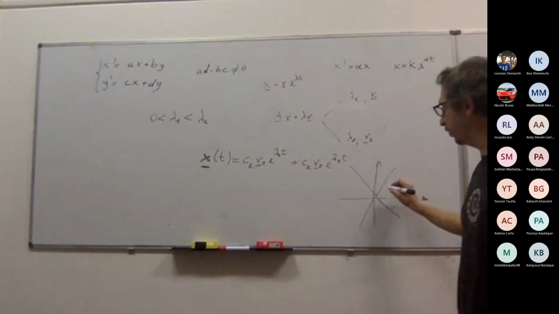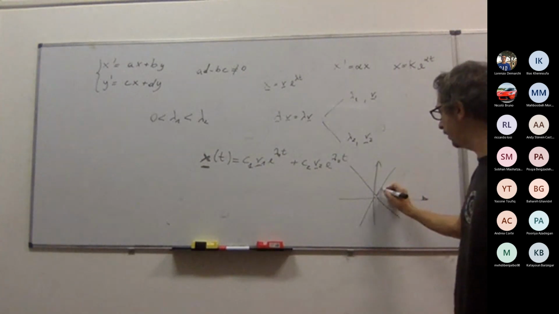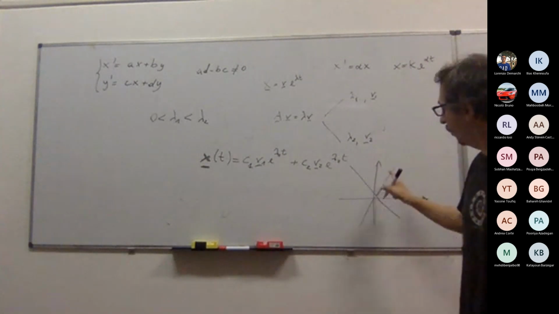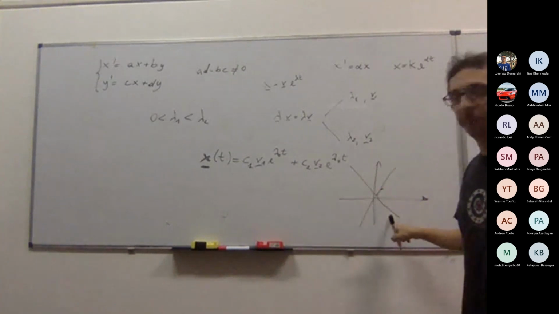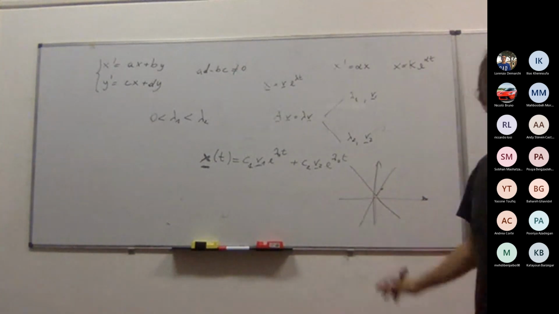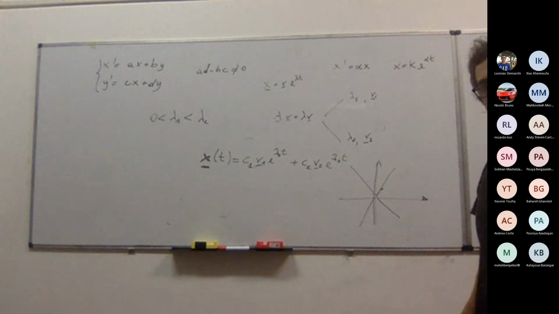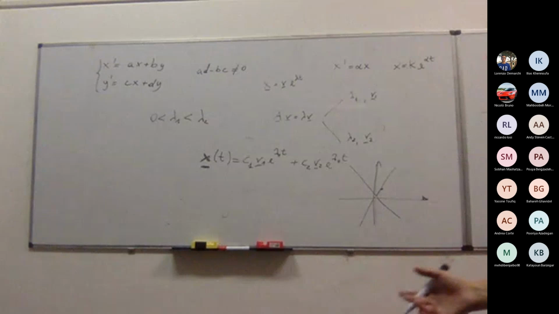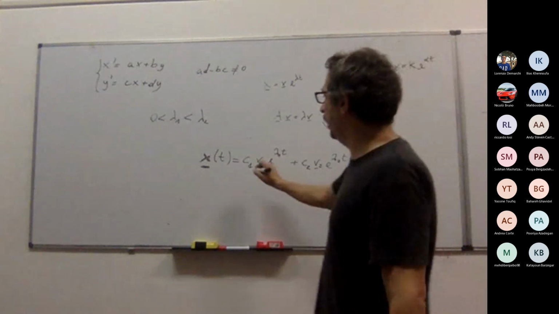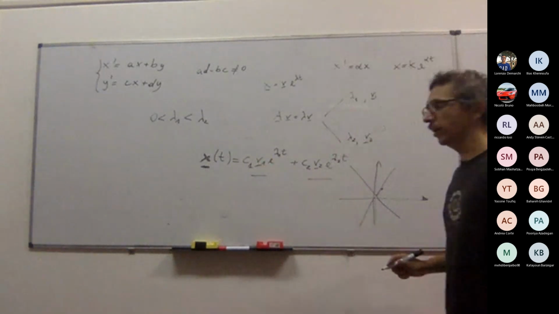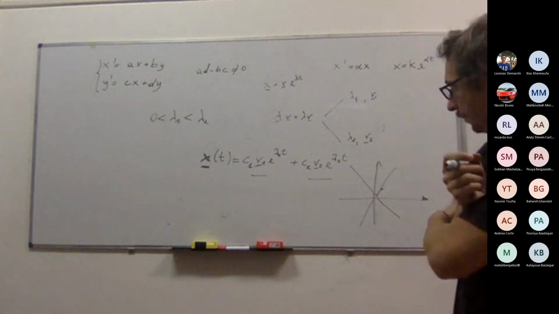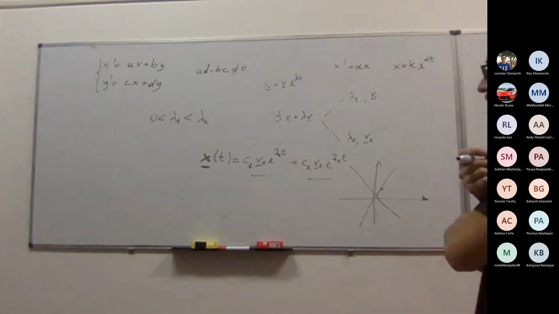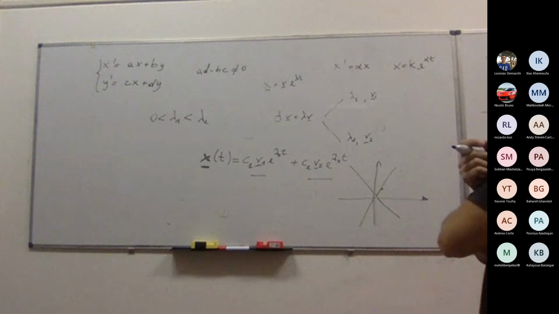So one corresponds to, suppose that this is B1, so this 1 and 2 correspond to plus minus B1, and 1 and 2 correspond to plus minus B2. Any other orbit will be a combination of the two.